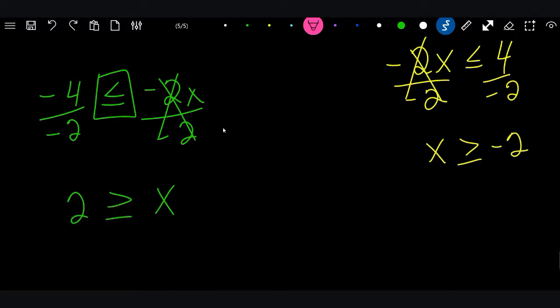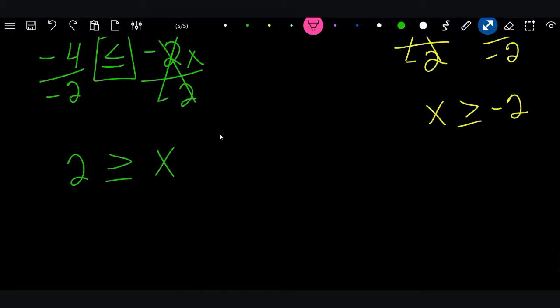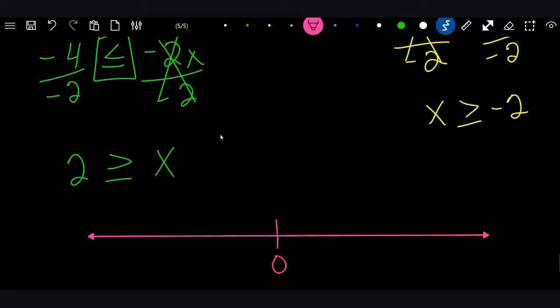numbers. So we come down here to our number line, and 0, 1, 2, we'll put a 3 here, -1, -2, -3. All right, so let's go ahead and graph our critical points.